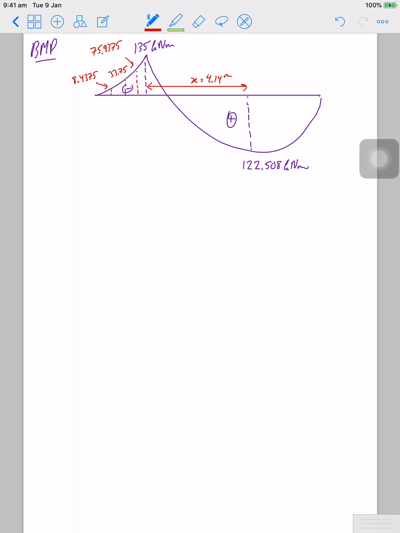So we're going to consider segment BE. There are two ways of finding the alpha M for BE. I'm going to use table 5.6.1.